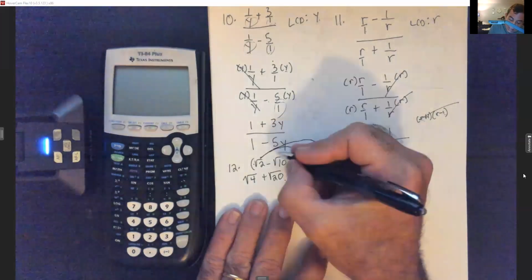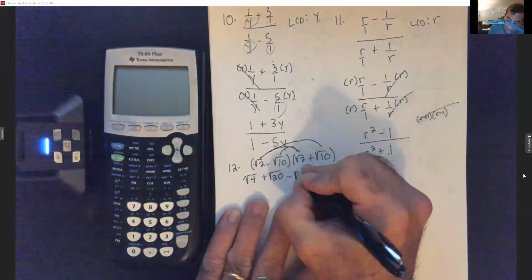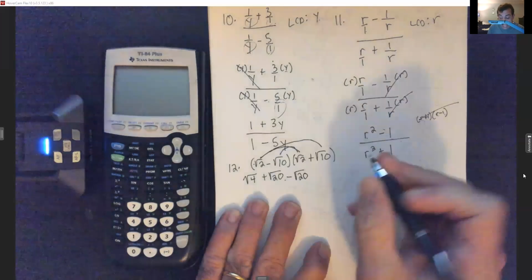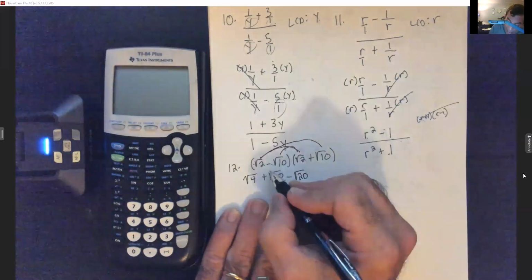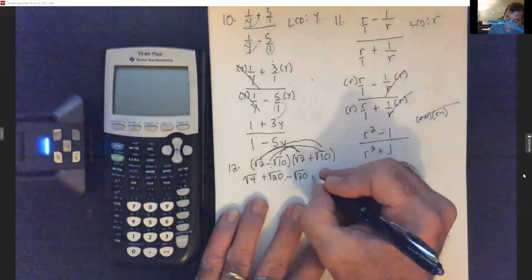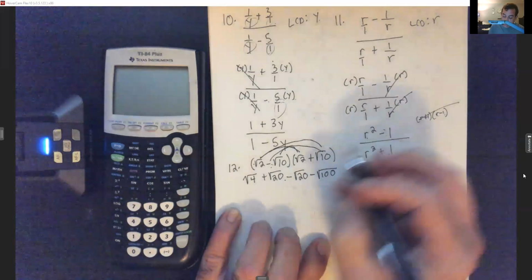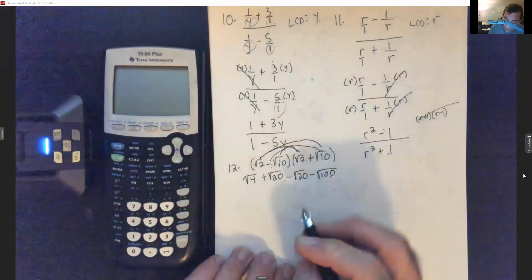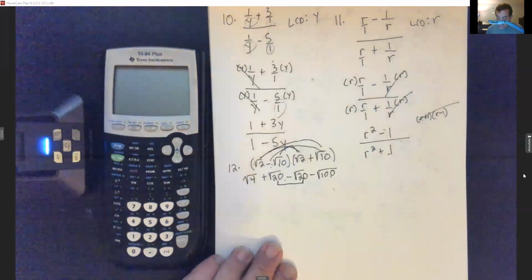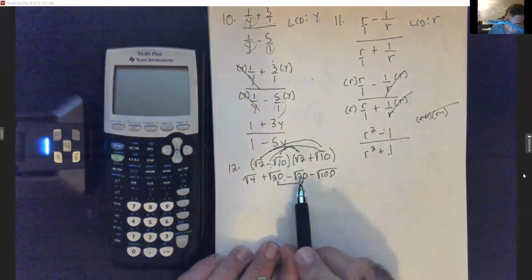On the inside, negative square root of 10 times square root of 2 is a negative square root of 20. So watch signs on these. And then you got a negative square root of 10 times a positive square root of 10. That's a negative square root of 100. 10 times 10, right? Now, if you notice, those cancel. A square root of 20 and a negative square root of 20, they cancel in the middle.